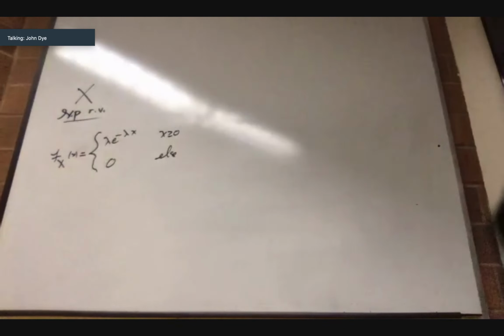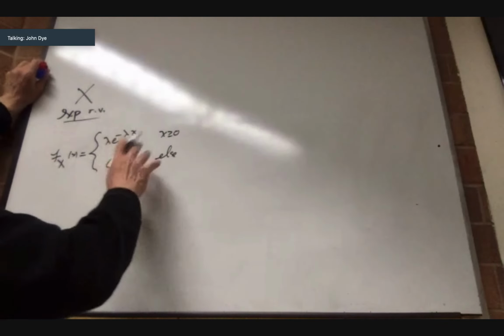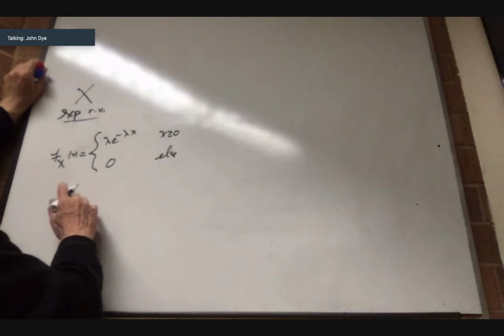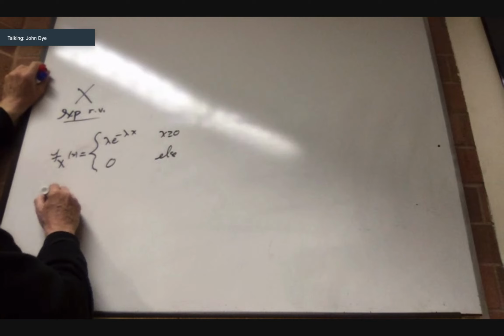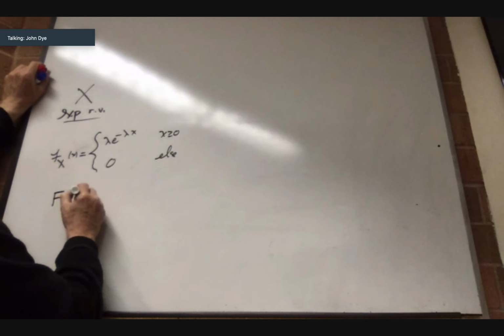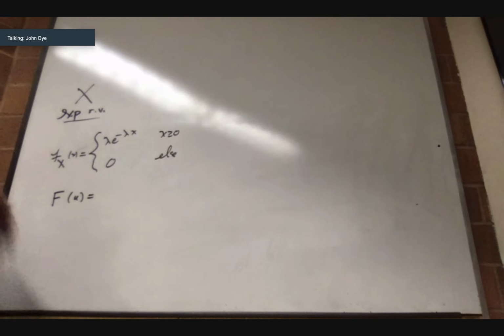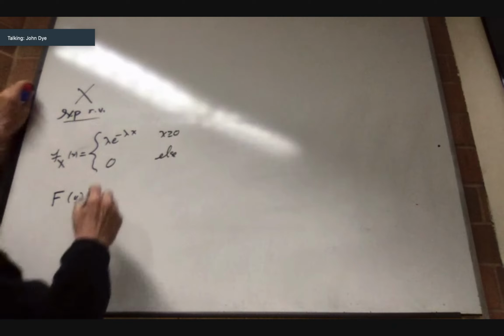First of all, if you integrate this density, you get 1. I don't want to bother with that, but I would like to know F of u, so I don't have to keep doing this for the examples.